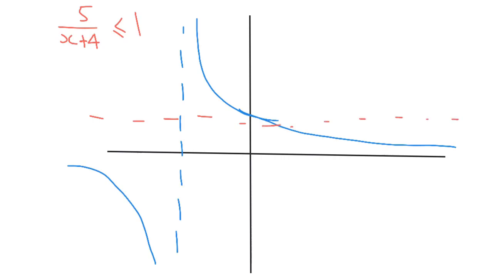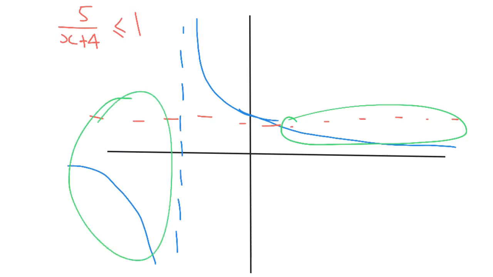And what we're saying is, where is our red line above our blue line? Well, it's all these values here, and then all these ones over here as well. Of course this is -4, and where those two meet is +1. So it's greater than or equal to +1 and it's less than -4, written in the appropriate mathematical way.